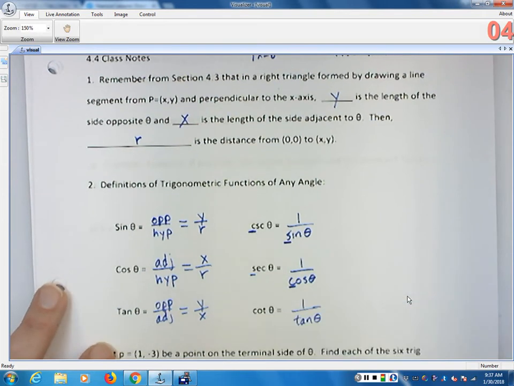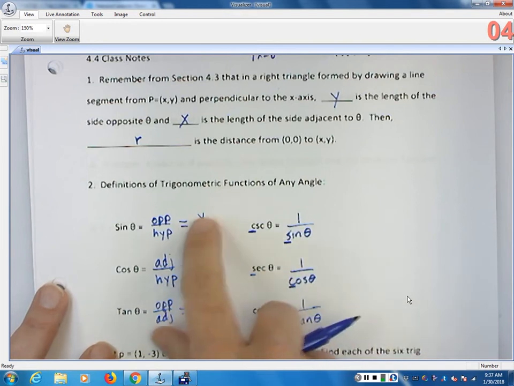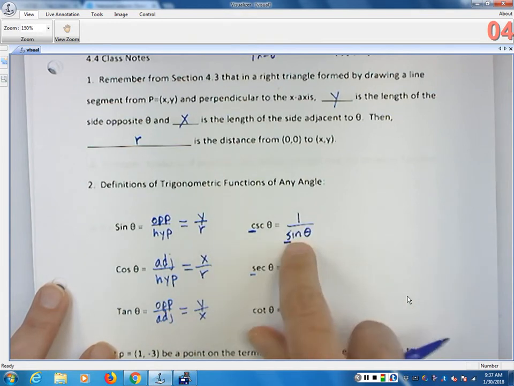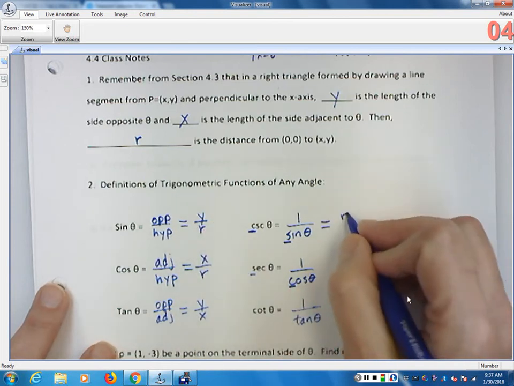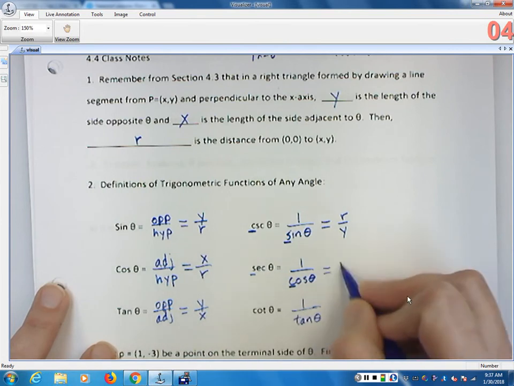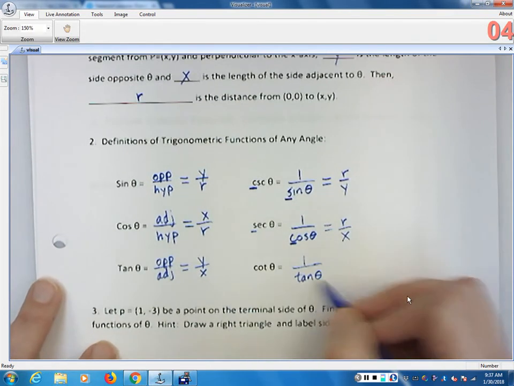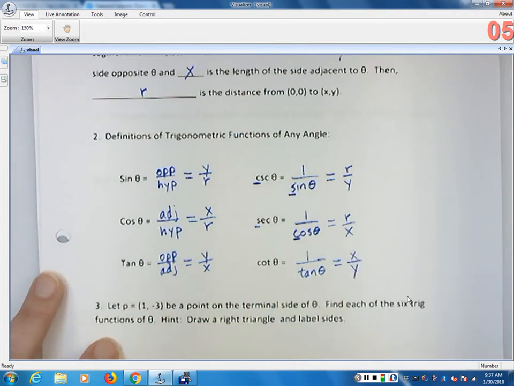Okay, so instead of memorizing what this equals in terms of all that, you're just going to flip these. 1 over sine, the reciprocal of a fraction, is r over y. We're going to flip that, r over x for secant, and for tangent, it's going to be x over y. And that's how I memorize it.